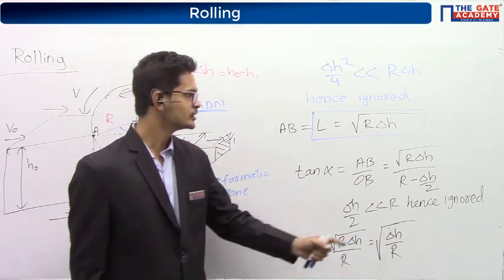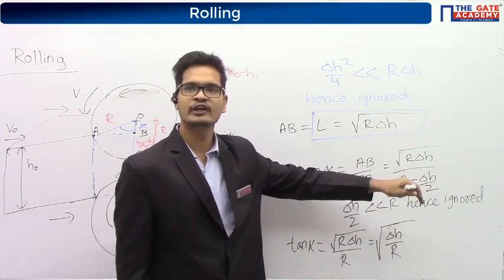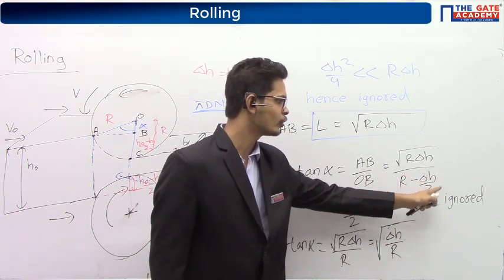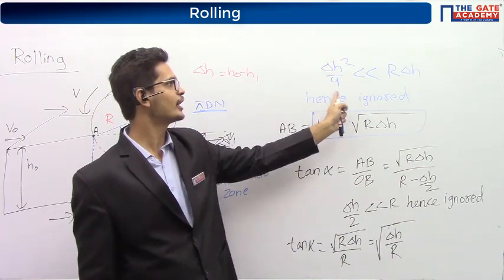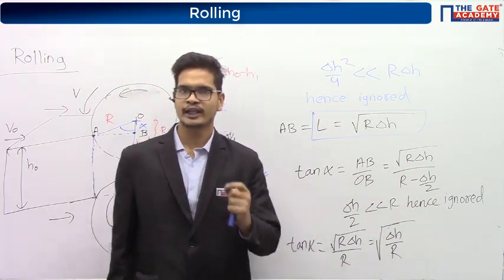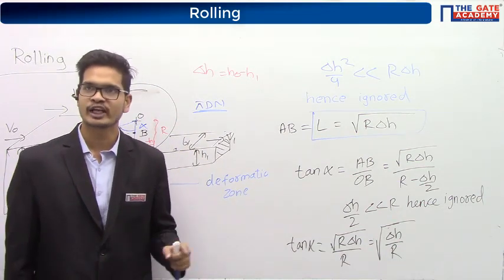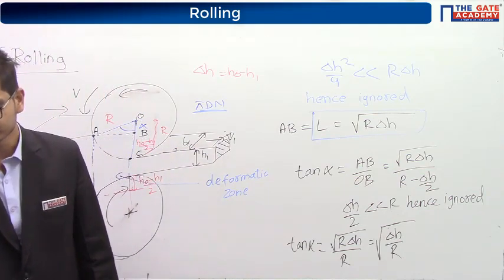Because in both numerator and denominator, we have ignored some terms. In denominator we have ignored delta H by 2. In numerator we have ignored delta H square by 4. Therefore, if it is asked in the exam to find the value of alpha, use the cos alpha expression, don't use tan alpha expression. That is my suggestion.